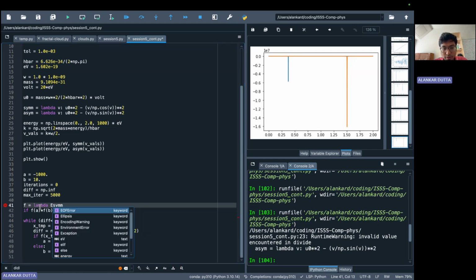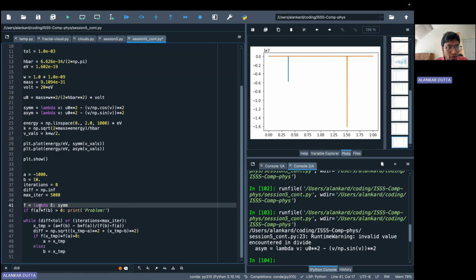Let's call it E, such that we will call it with the symmetric function with the value of E in here. Right? You have to pass the value of E.